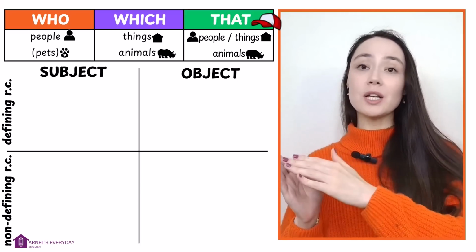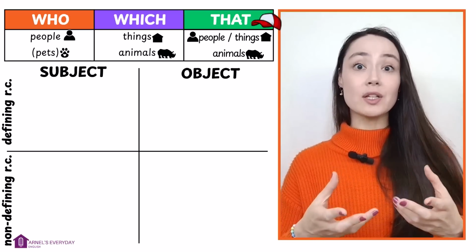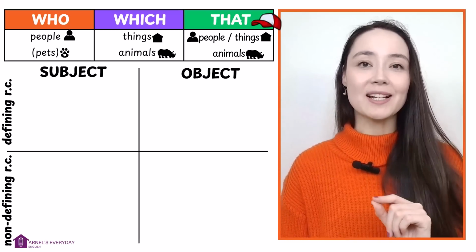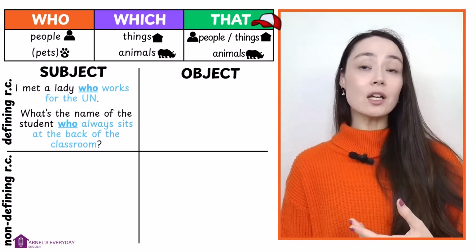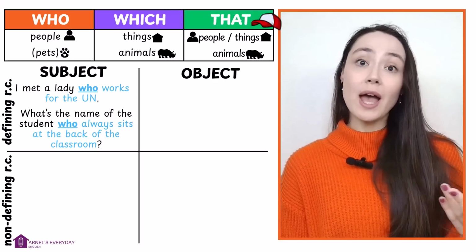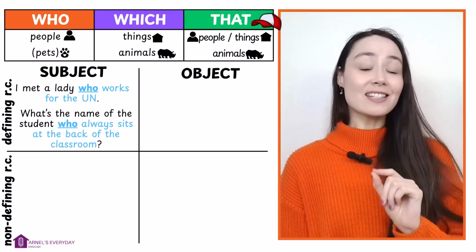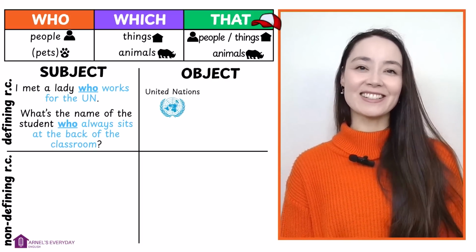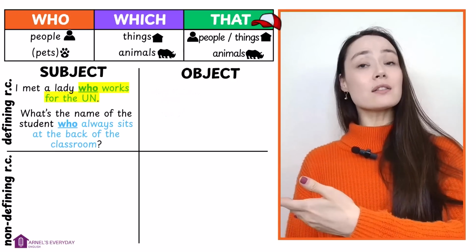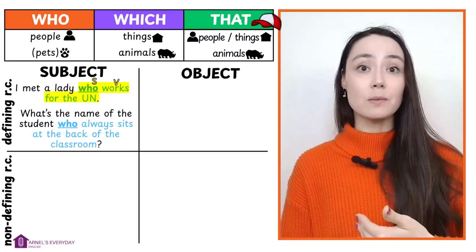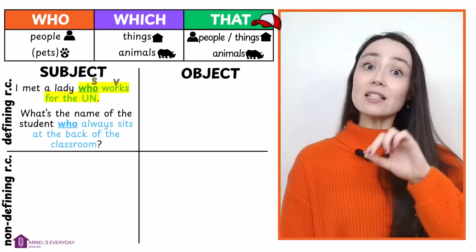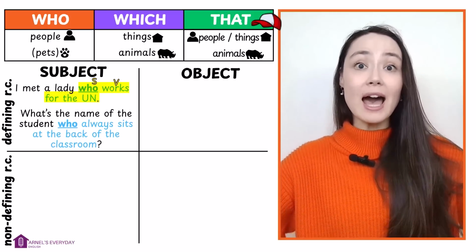Who can be the subject or object of your relative clause. Subject. I met a lady who works for the UN, and UN stands for United Nations. I have my relative clause, subject, and verb. Who is the subject because it does the action.